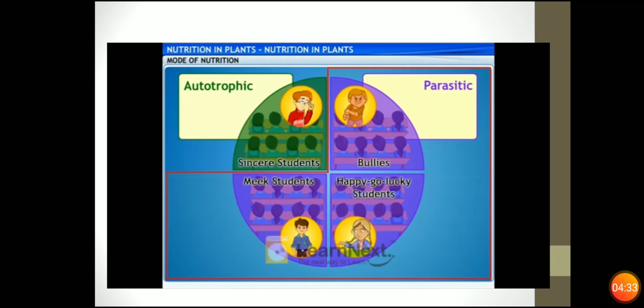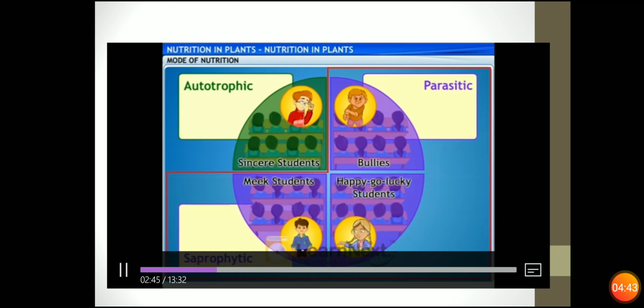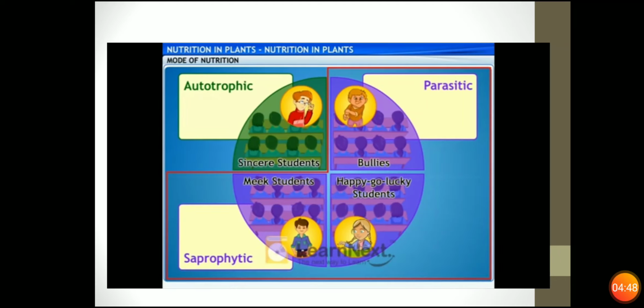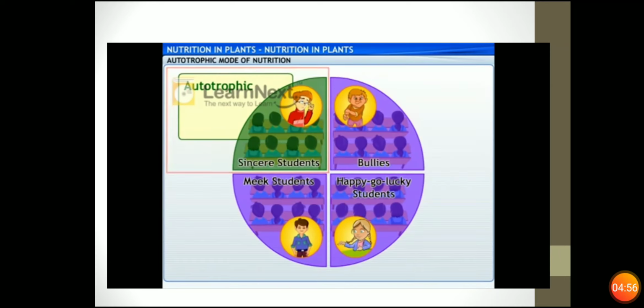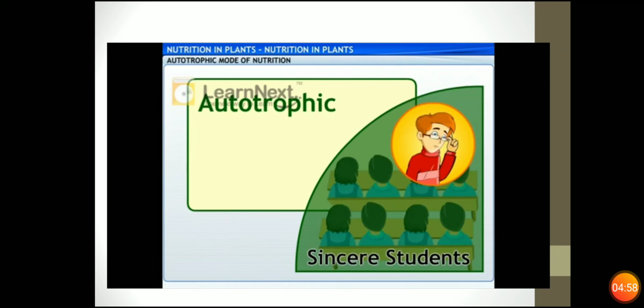Now heterotrophic nutrition is further divided into parasitic nutrition, insectivorous, saprophytic and symbiotic relationship. These saprophytes are similar to kids who copy from others, and symbiotic plants are similar to kids who get their homework done from others in exchange for favors.